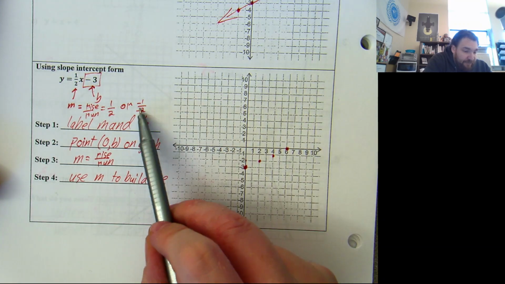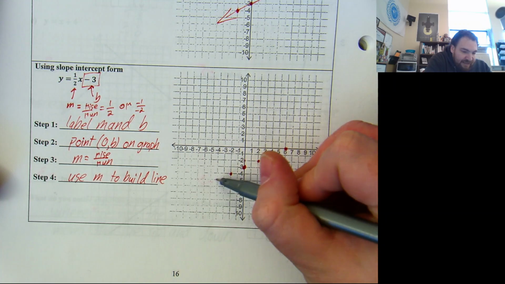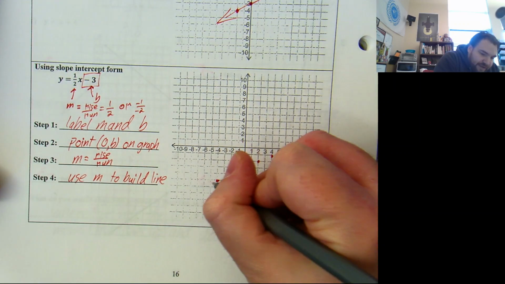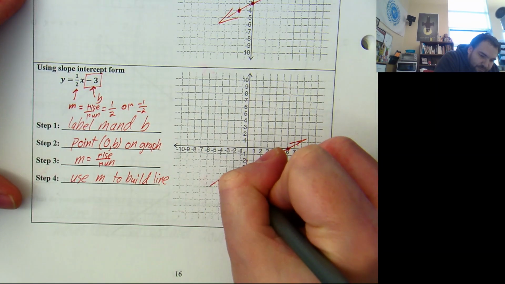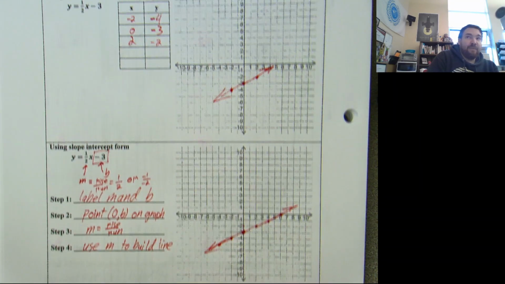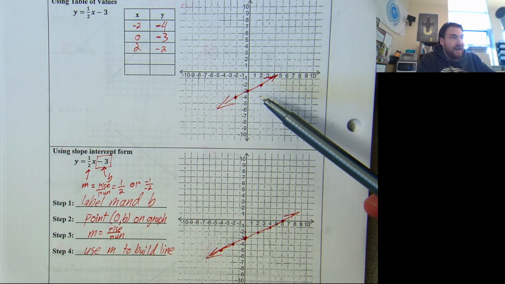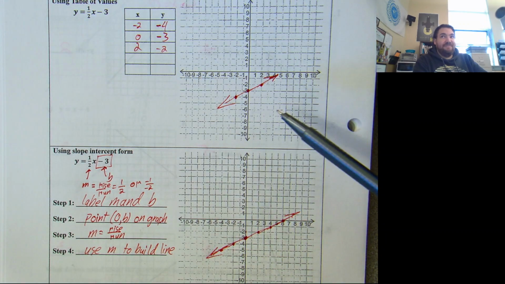Or we could go negative. Negative means we're going down 1 and left 2. Down 1 and left 2. And we can build that line. And we get the exact same line we had from the table of values without having to make a table of values. And I'm done.